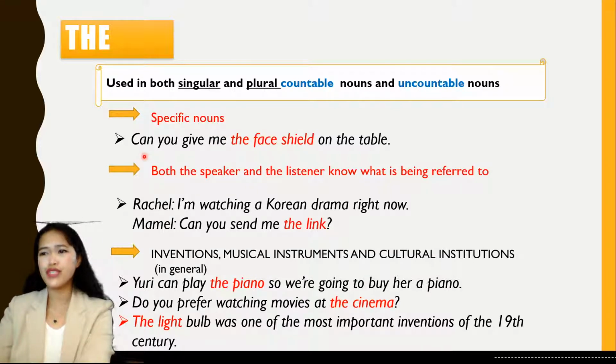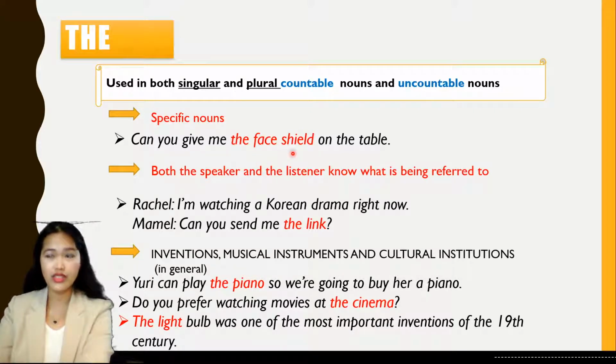So we have here, can you give me the face shield on the table? The face shield on the table. So it is specific which face shield.